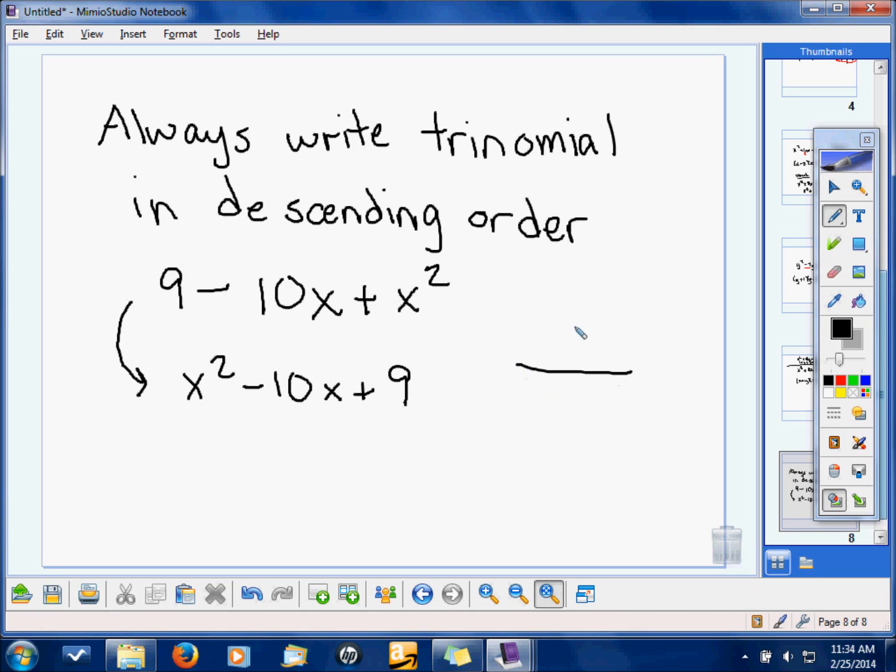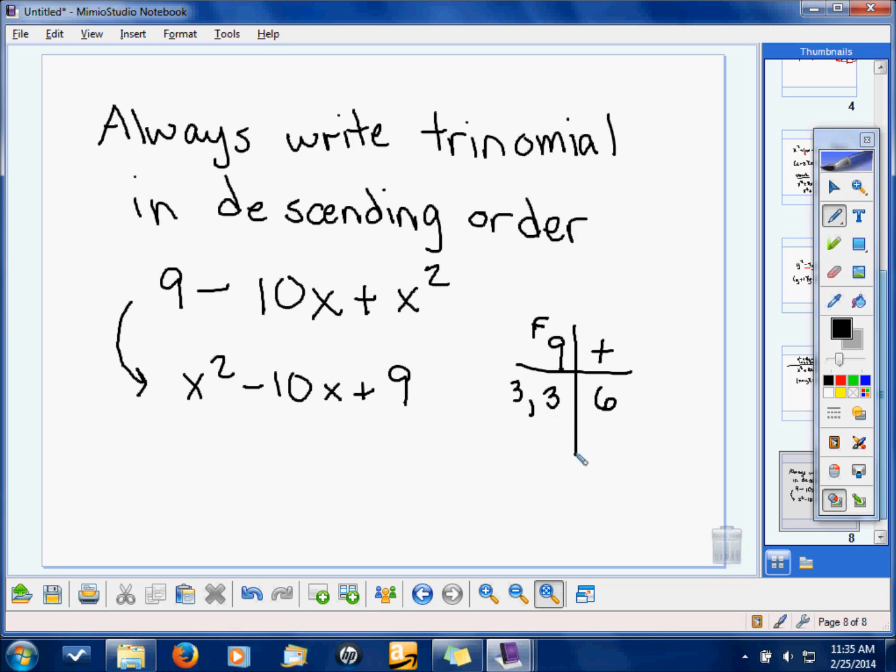What number are we factoring? 9. Factor 9, and then we'll add them. So let's go for factors of 9. 3 and 3 is going to give us a positive 6, but we're looking for a negative 10. So can I even use positive and positive?